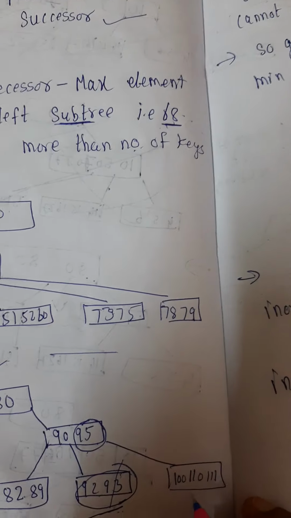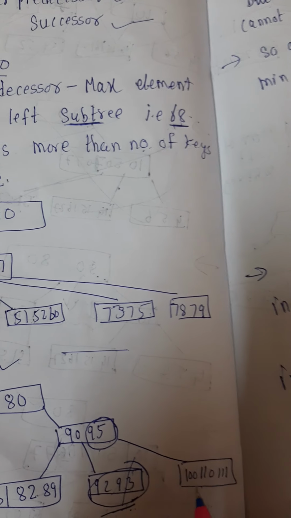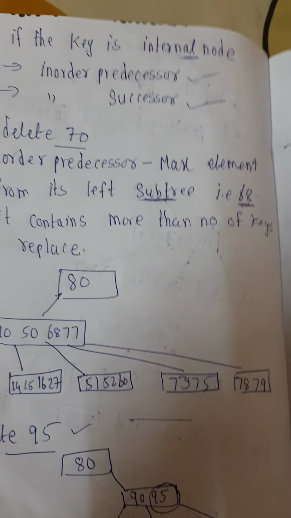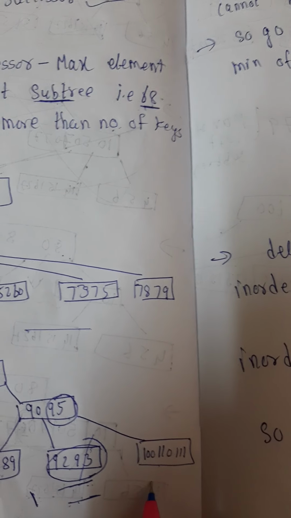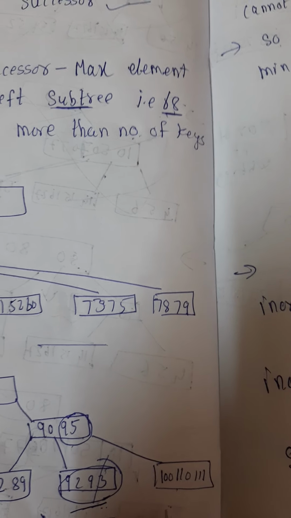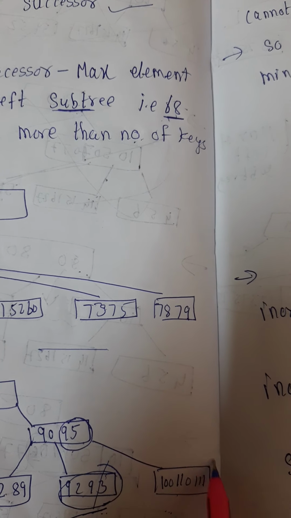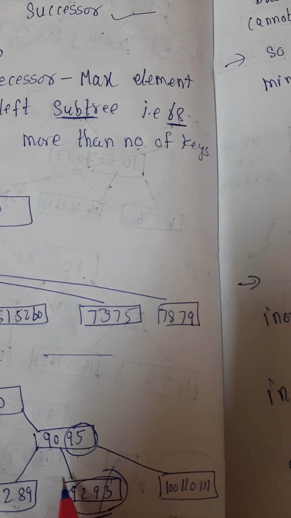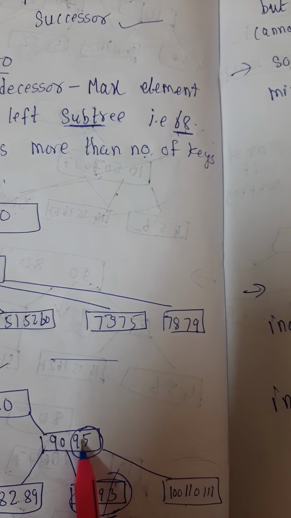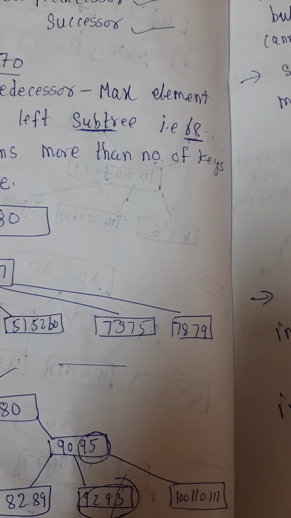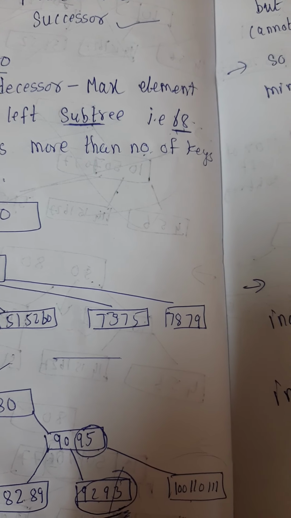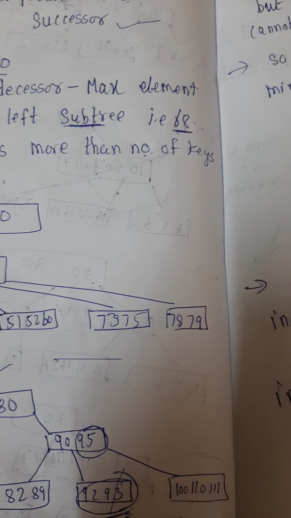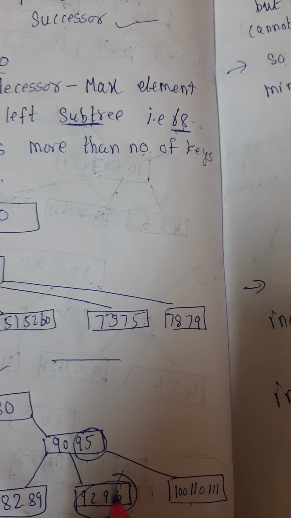In this case you are checking the in-order predecessor with the maximum element, but when you go with the in-order successor, you have to go with the right subtree minimum. So 95 is the thing you want to delete. 95's predecessor is 93, the maximum element, but you have only 2. If you delete 1, again it will be having only 1, that will be violating.